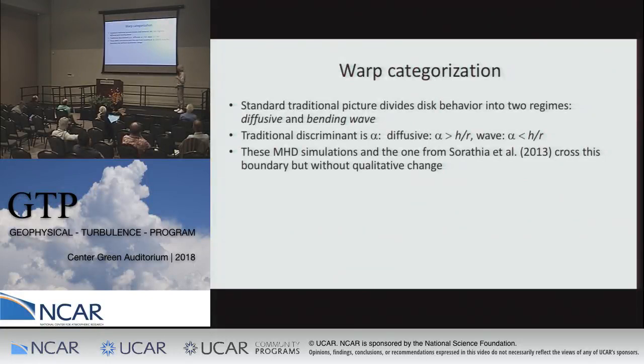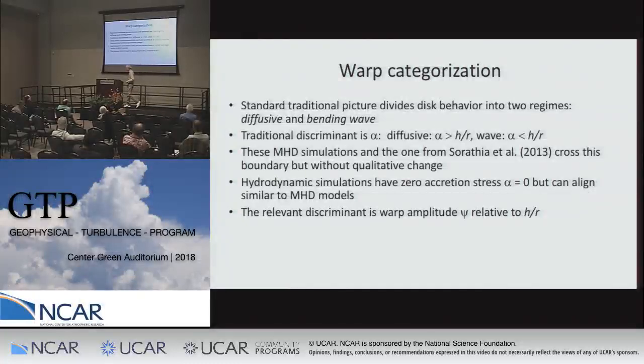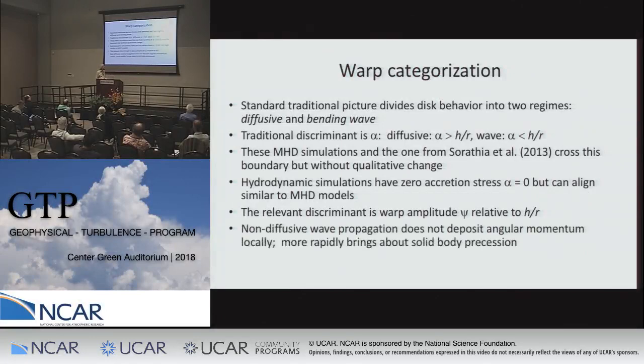So what I would propose is that a characterization in terms of alpha is not helpful. What is helpful is a characterization in terms of the warp amplitude and its relation to the thickness of the disk. So it's this amplitude in psi compared to h over r that's the key discriminant in understanding the behavior of the disks.